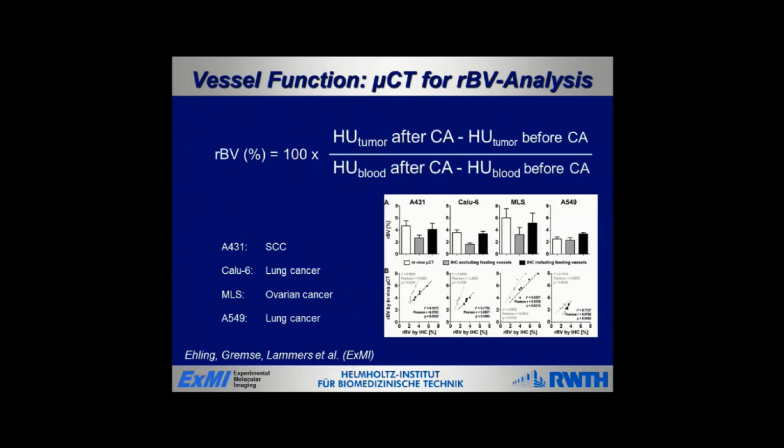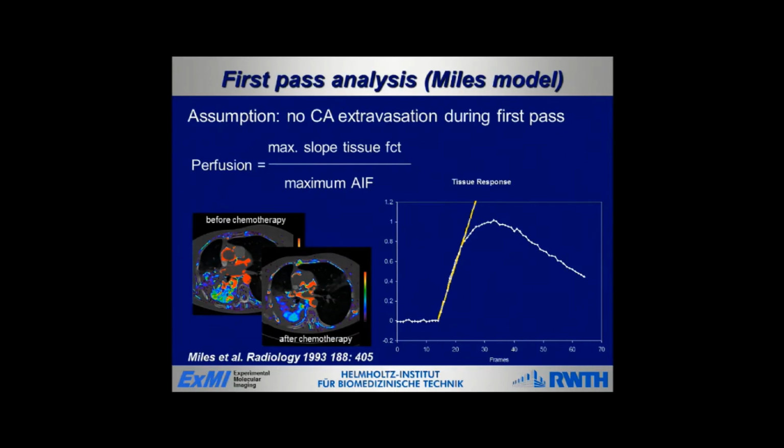We tried this once for different kinds of tumors with different degrees of angiogenesis and vascularization, and we found quite significant correlations within tumors and between tumors, and a highly significant correlation also with histology, within a few percentage deviations.